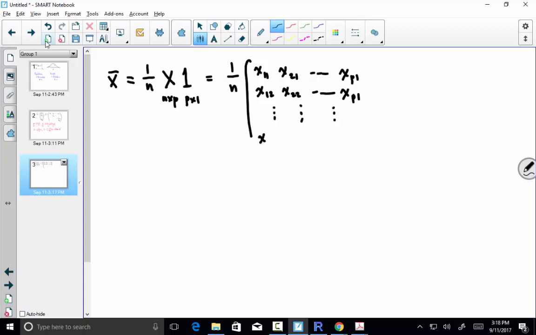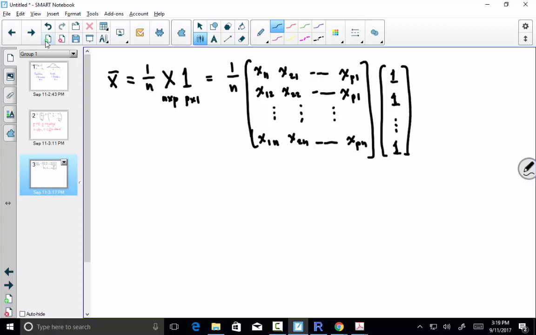So the last row is the last observation for variable 1, and then variable 2, and variable p. So if I did this, and there's p ones, that's a p vector.